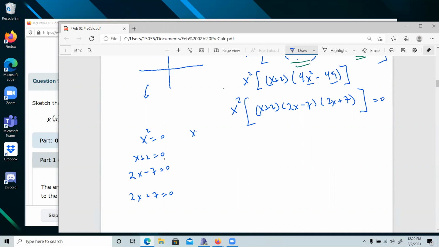We have x equals 0, x equals negative 2, x equals 7 halves, and x equals negative 7 halves. Okay, that's delightful. If you want to punch in your calculator to get what 7 halves is, it's 3.5 exactly. So just to have an idea where it is on the number line.